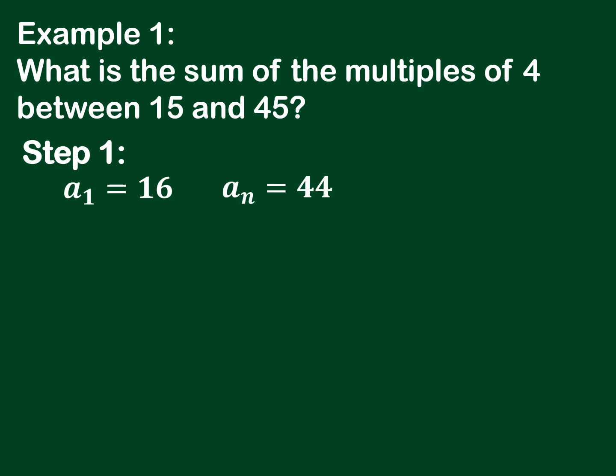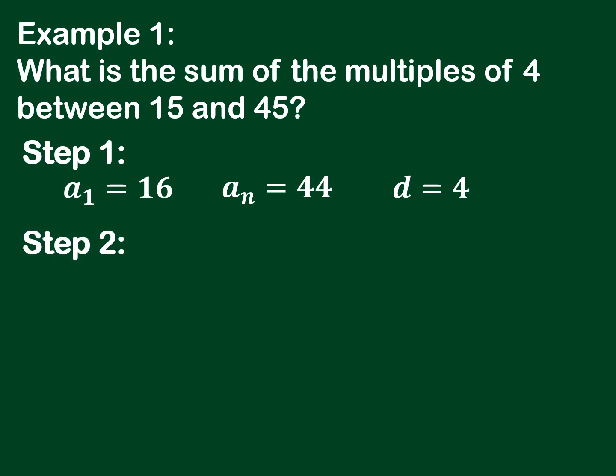And a sub n, that is the last term, is 44. Since 45 is not a multiple of 4, we're going to determine a number less than 45 which is a multiple of 4, and that is 44. And the value of d is 4.